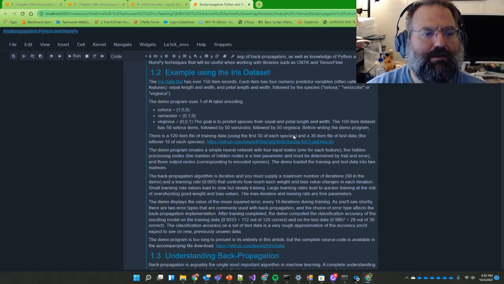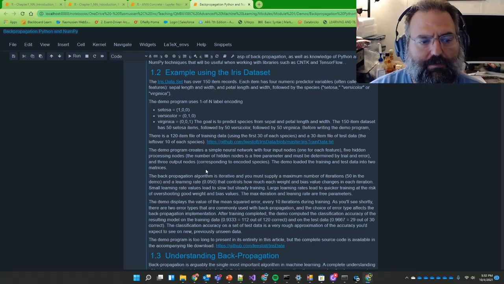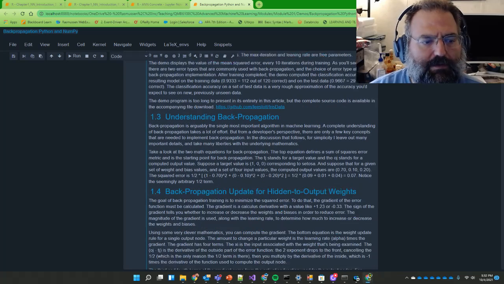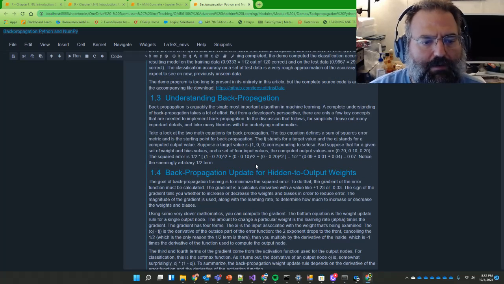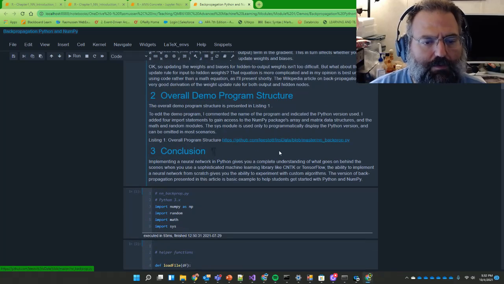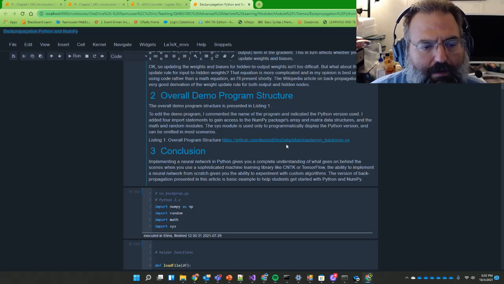So the idea here is to use Iris, our good friend, as the data set that we're working through, and to walk through the concept of how backprop actually works. And so you can download this from GitHub at github.com/Lee-Stott/iris/blob/master/nn_backprop.py.